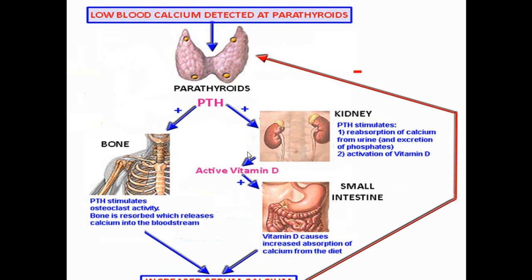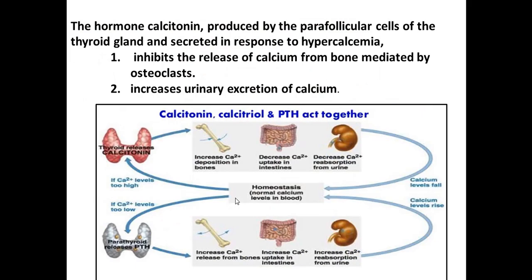Indirectly, it has an effect on the intestine through activation by the presence of 1-alpha hydroxylase, and it will be activated to the active form 1,25-dihydroxy cholecalciferol. This active form of vitamin D causes an increased absorption of calcium from the diet by an indirect way.